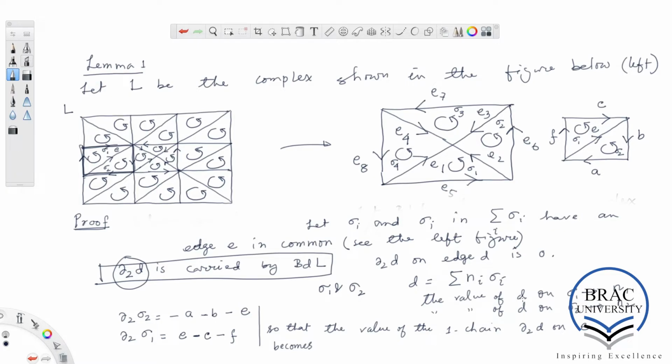So the value of D on sigma 1 is n1, so it becomes n1 minus n2, right?